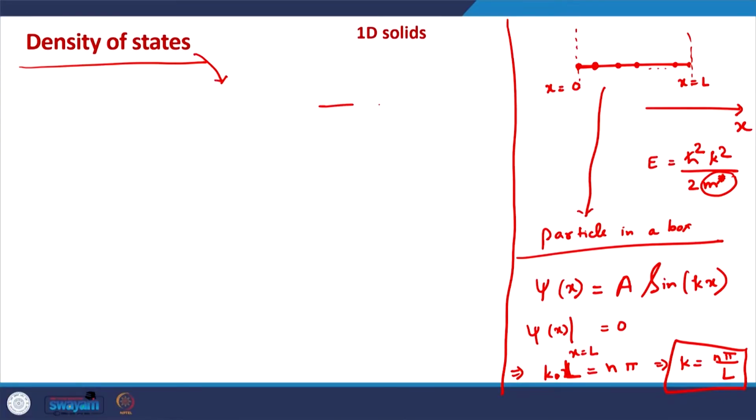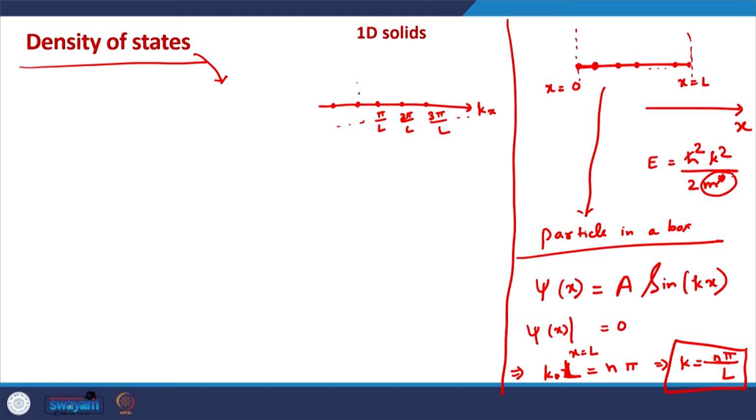So, the k space for a 1D solid will also be one dimensional, only one axis, and the allowed k values will be n pi by L. So, the values will be these: pi by L, 2 pi by L, 3 pi by L, and so on.